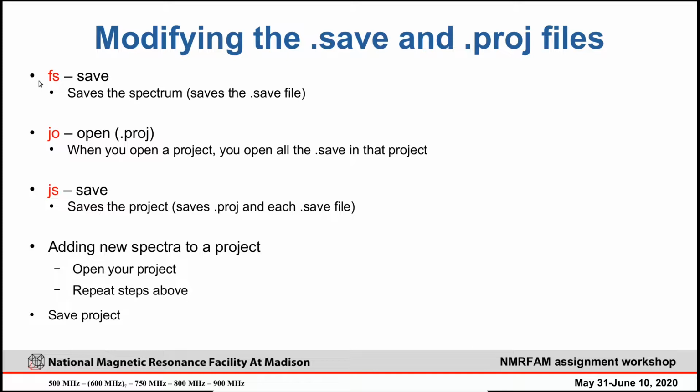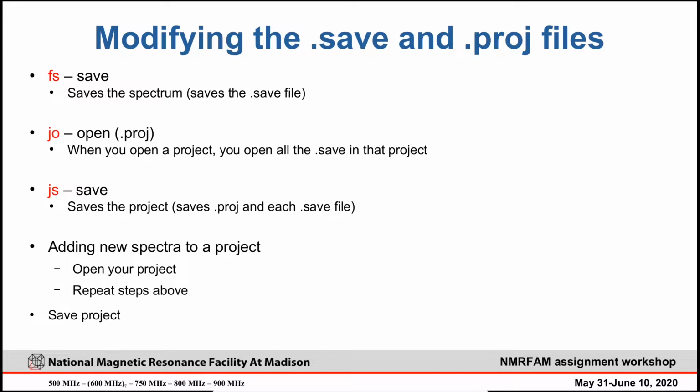Before this, we used FO to open the UCSF file. And then if you want to add new spectra, let's say you have save file and UCSF, then you will use FO and then open save file while you already open your project, then save it.